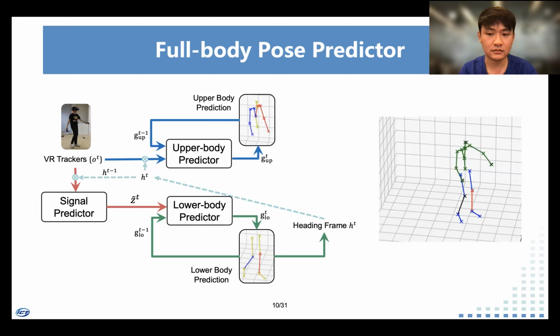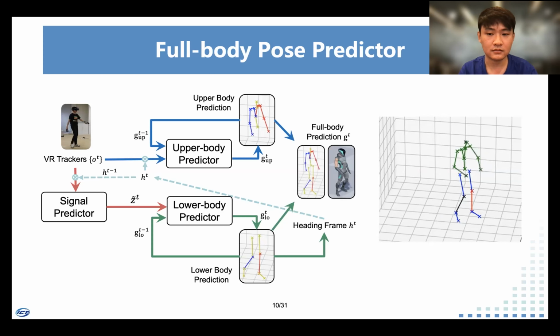Combining the two pose predictors, we can obtain the full body pose in the predicted heading frame. Given a sequence of VR tracker input, an initial state of the character and initial heading transformation, the pose predictor generates a series of states autoregressively, as shown in the video.